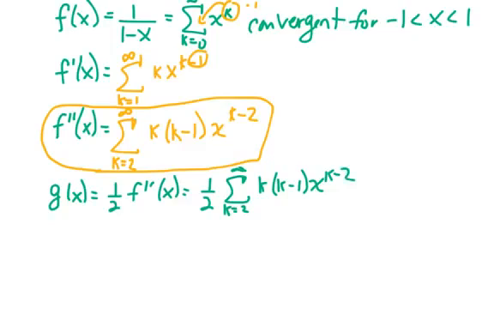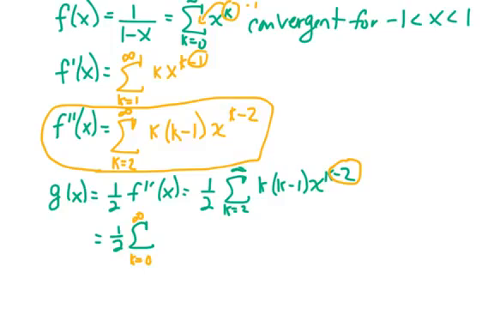Now, I'm going to rewrite that in the form of the geometric series so that I can apply the convergence that we know for a geometric. All I need to do here is get this to be a k. So I'm going to subtract off 2 from the bottom index, and I'm going to add 2 everywhere there's a k.